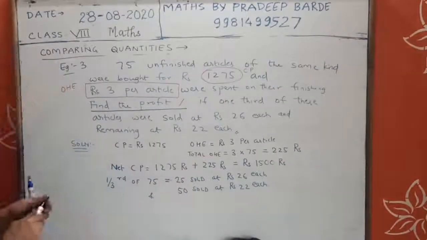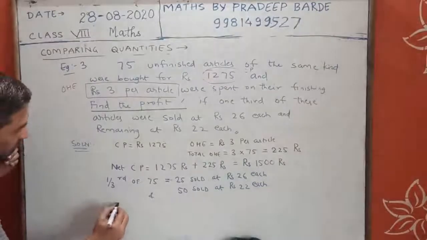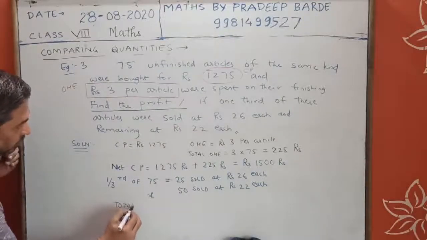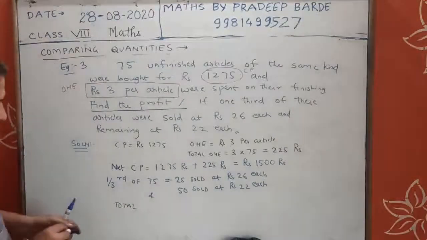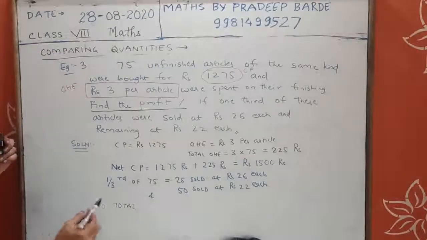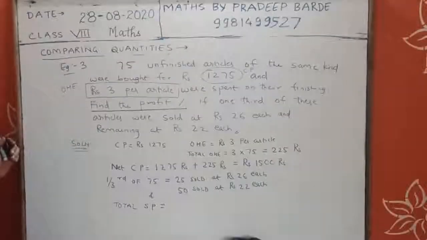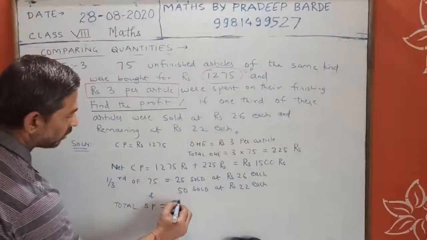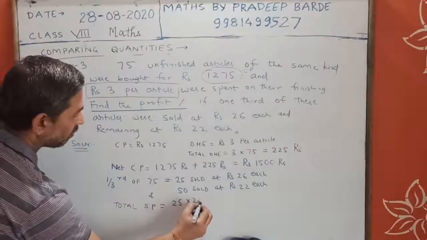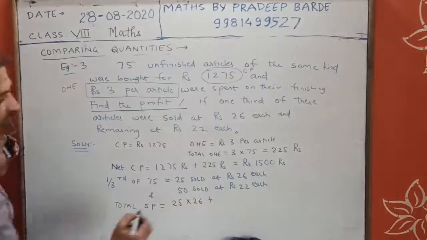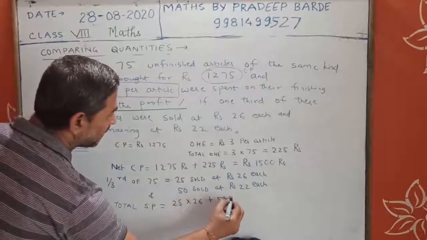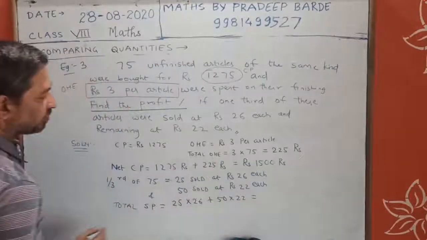So the total selling price will be equal to 25 into 26 plus 50 into 22.